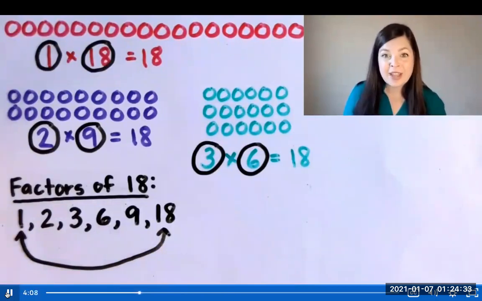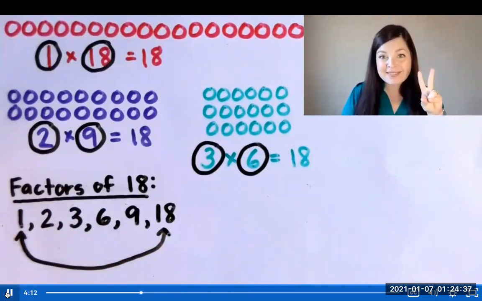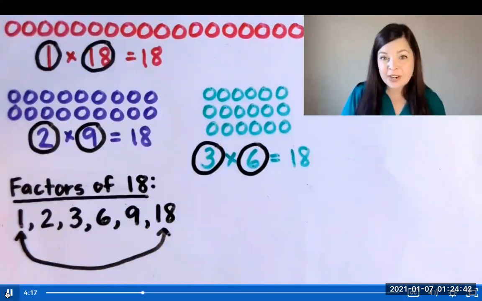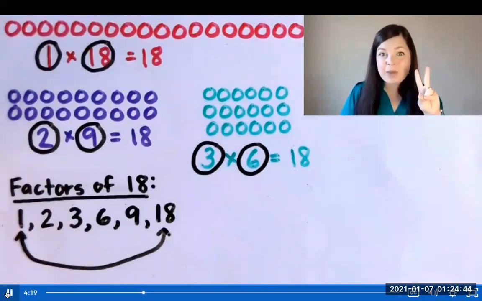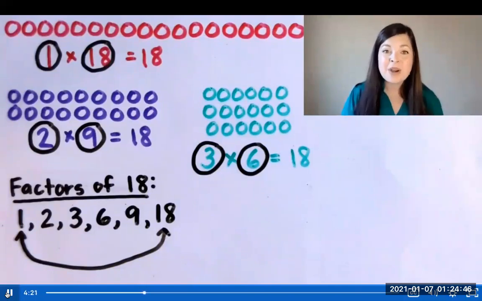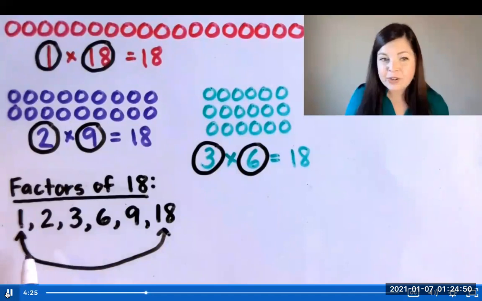Think about what you know about pairs. When we talk about a pair of shoes, we're talking about 2 shoes, right? It's the same with factor pairs. When we talk about a factor pair, we're talking about 2 factors that when we multiply them together, we get a certain product. Pause the video now and draw more arrows to connect the other factor pairs of 18.